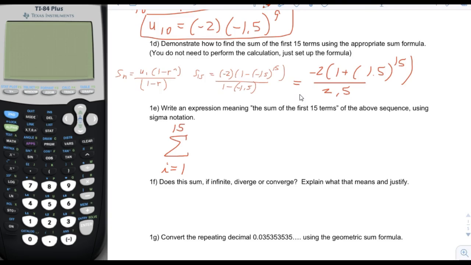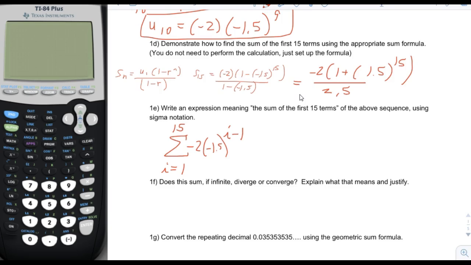And in here, you're going to put each term, which you could write as the first term times the ratio to the i minus 1. Okay? And we can substitute in that u1 is actually negative 2, and the r variable is actually negative 1.5, right?